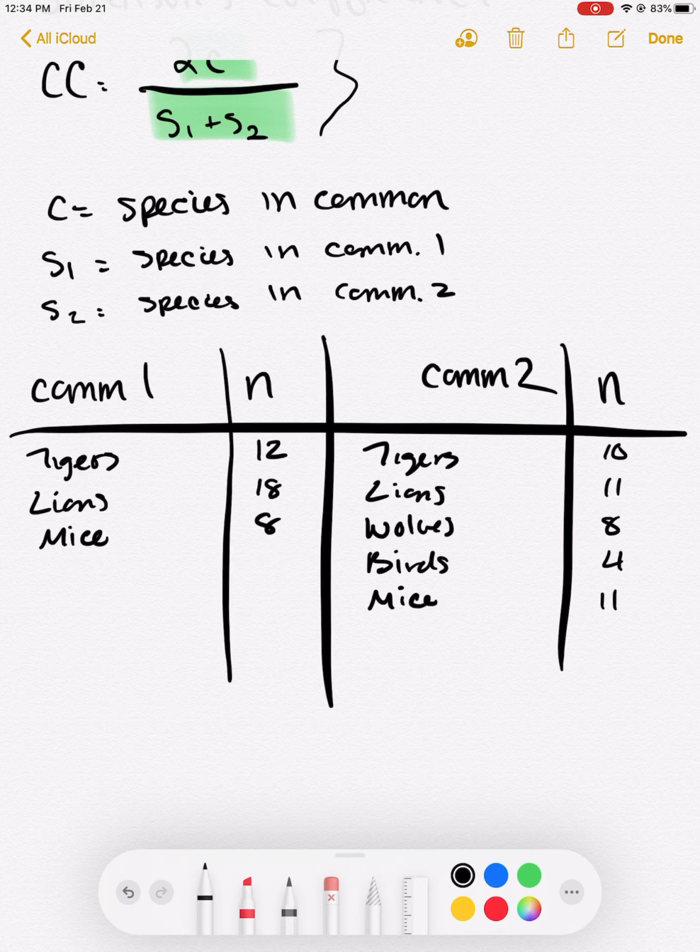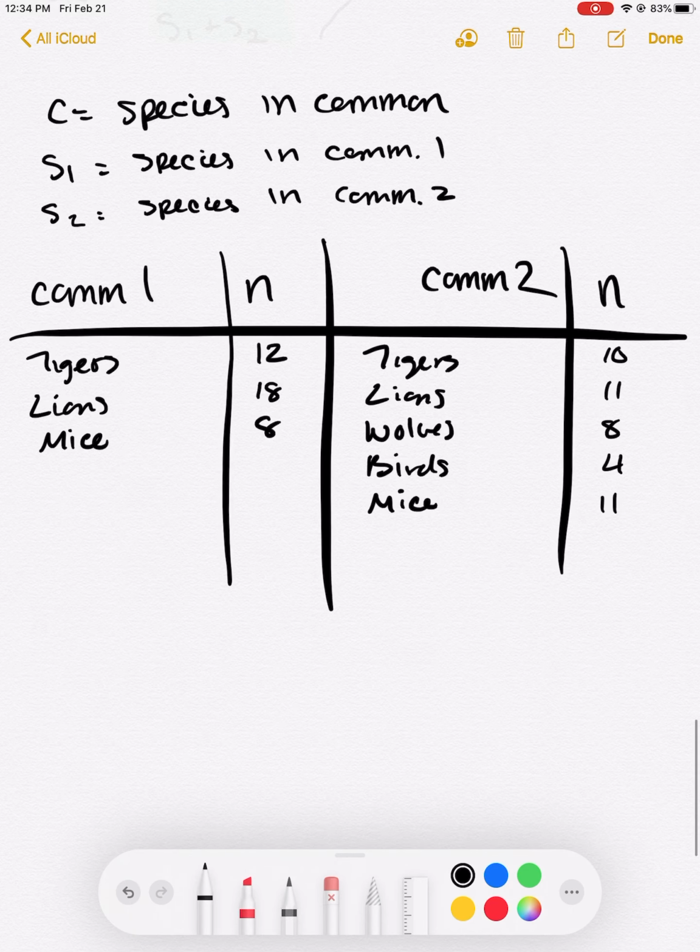Since we're comparing the species, though, we just need to count how many we have in common between communities 1 and 2. So they both have tigers, they both have lions, and they both have mice. That's 3 species in common. So that's going to be our little c. C is equal to 3.